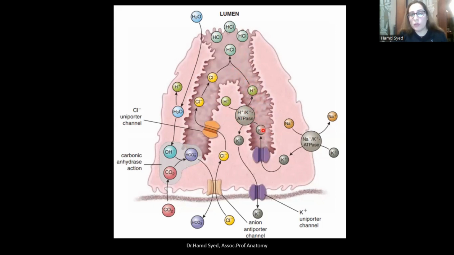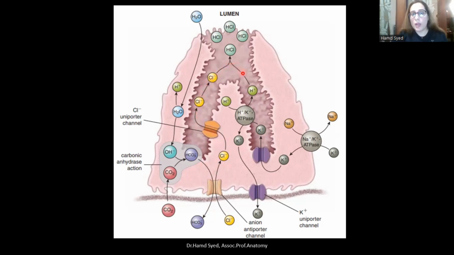And in exchange for that, potassium is moved from the lumen into the parietal cell and from there eventually into the blood vessels. Also from the blood capillaries, you can see this here antiporter channel, which transmits chloride ions into the parietal cell in exchange for the bicarbonate ions going into the blood capillaries. These chloride ions will then be transported into the lumen of the stomach by a chloride uniporter channel.